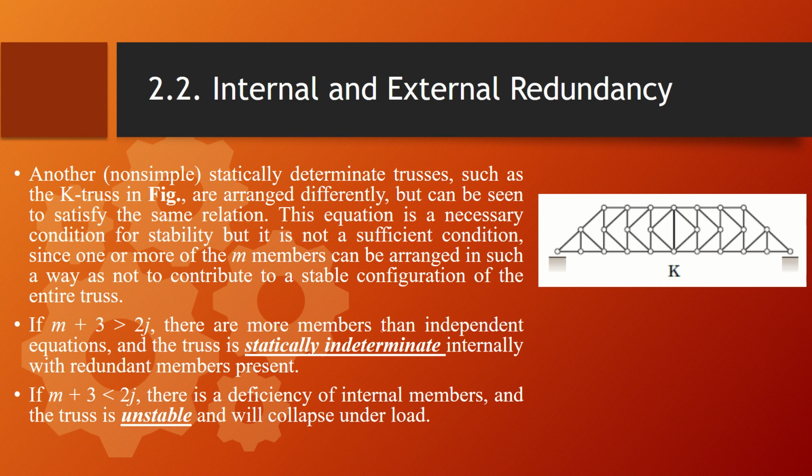Now, if m plus 3 is greater than 2j, then there are more members than independent equations, and the truss is statically indeterminate internally, and there will be redundant members present. If m plus 3 is less than 2j, then we have a deficiency of internal members and the structure is unstable and is going to collapse under any loading.